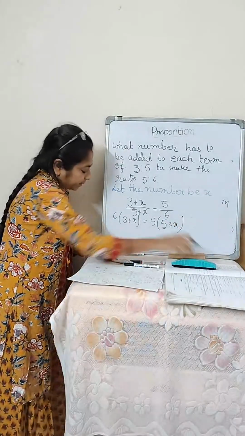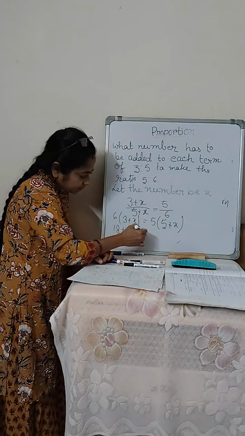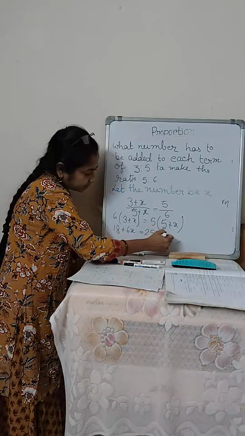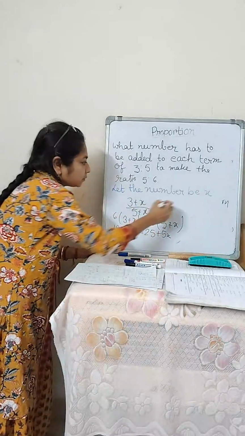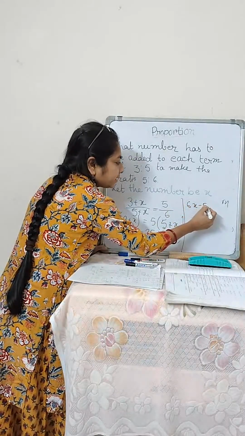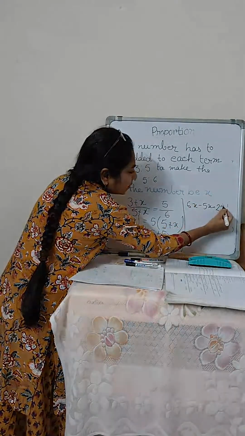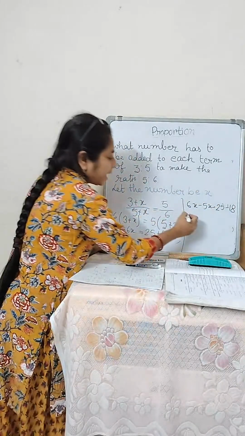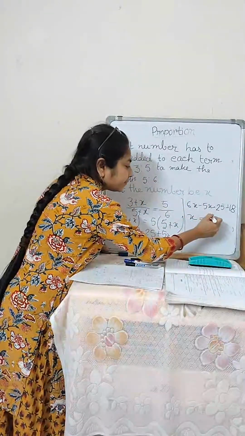Then cross multiplication, it is 18 plus 6x, 25 plus 5x. 6x minus 5x is equal to 25 minus 18. 6x minus 5x, it's x, and 25 minus 18, it is 7.